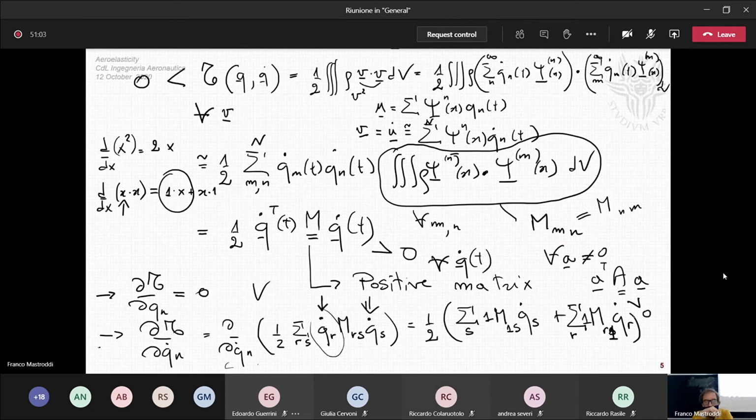Now, apparently we are summing different quantities, a summation and another summation. But the question is, are we summing the same quantity?